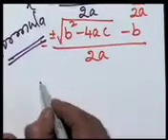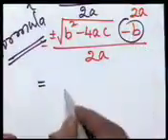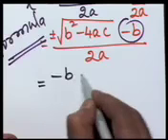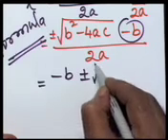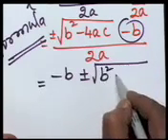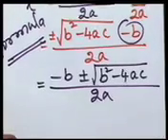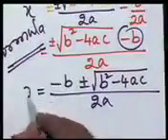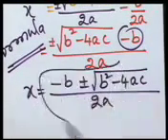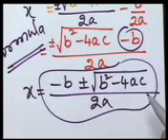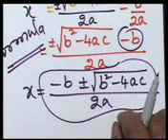But your textbooks might show the minus b in front. So they'll write that as minus b plus or minus square root of b squared minus 4ac, and then all over 2a. That is what they do. So this is the generalization of the value of x for any question.